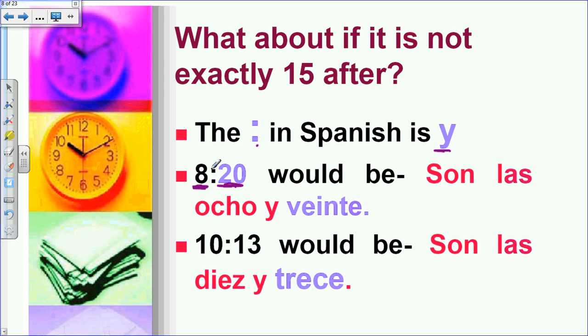Son las ocho y 20 minutos. 10:13, step by step. Son las 10 y 13 minutos. And obviously if there was an AM or PM here, we would say de la mañana, de la noche, de la tarde.